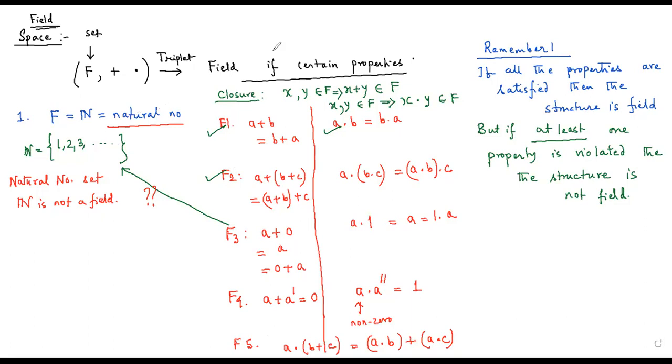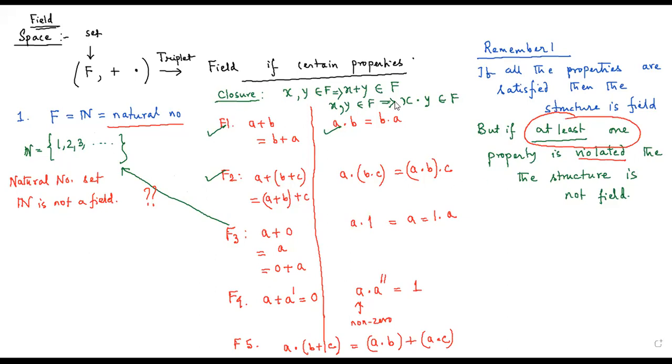But when I wanted to check F3, I couldn't find any natural number such as 0, because 0 is not a natural number at all. We couldn't find any natural number which, when added to any other natural number, gives back the natural number. So we'll automatically say that the natural number set is not a field. We don't have to check other properties, because if at least one property is violated, the structure is not a field.